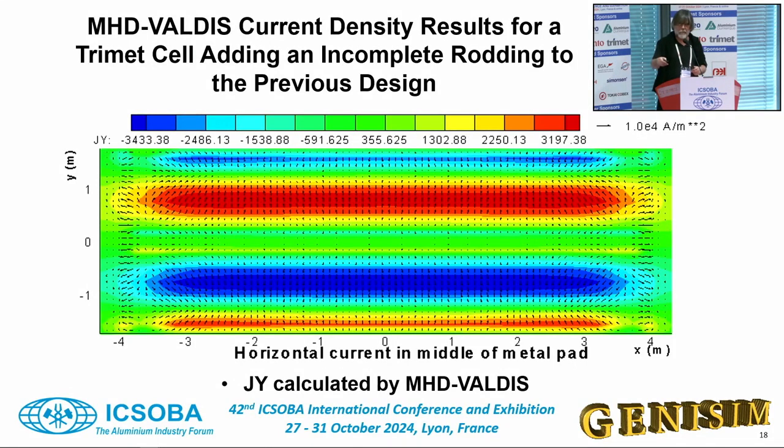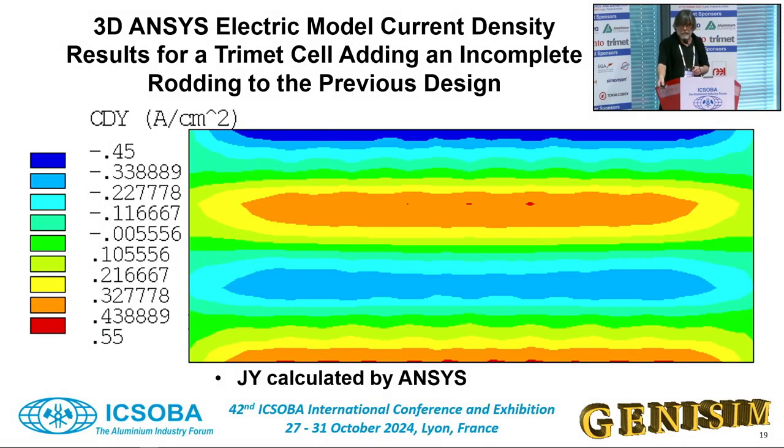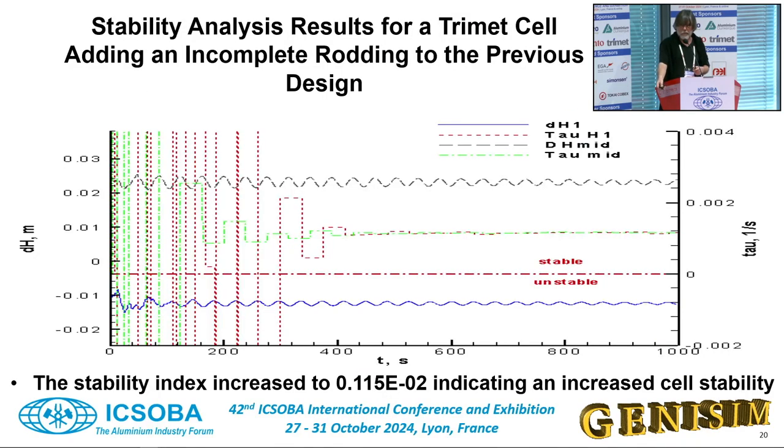So the next thing I'm doing is partial rodding. That's something that Pechiney has done for the last 50 years. You don't rod up to the edge of the block. You keep the last 10 to 15 centimeters without cast iron. That reduces the horizontal current intensity in the Y direction, like we can see here. And if you do that in the ANSYS model, you get the same result. And if you run the stability from this new current density, you get a more stable cell.